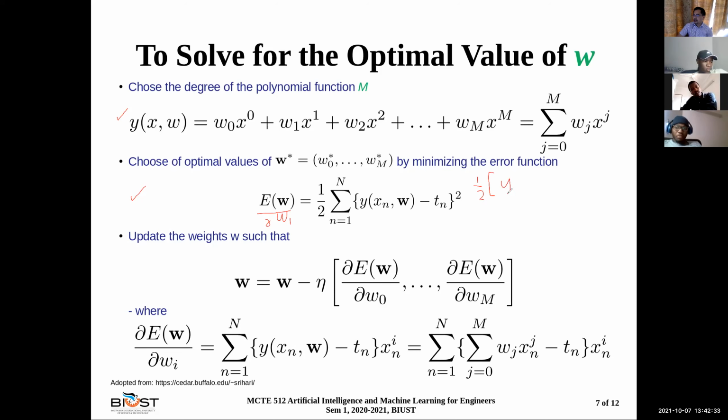You have 1/2 of y in terms of x1 and w, minus t1, squared, plus 1/2 of y of x2 and w, minus t2.